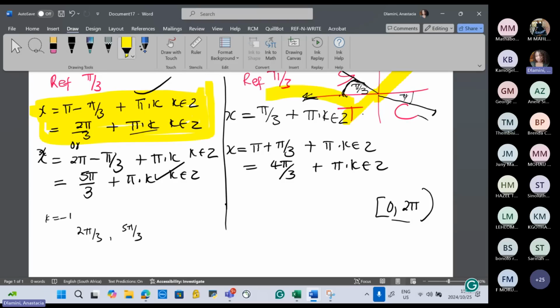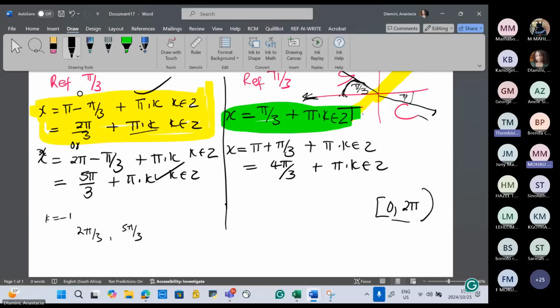Going to this one over here. If we choose k equals -1, what do we get? -2 pi over 3. And then if we choose k equals 0, it's pi over 3.